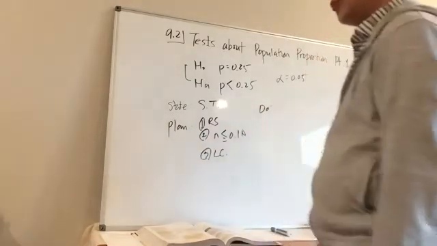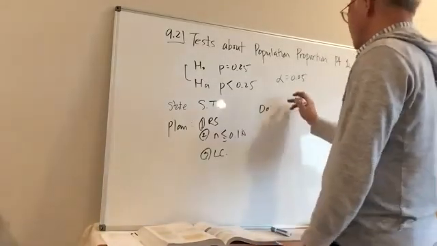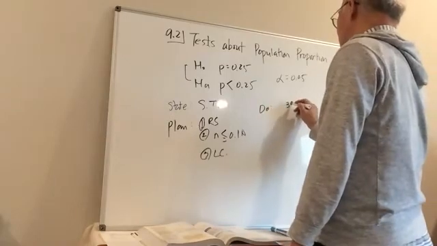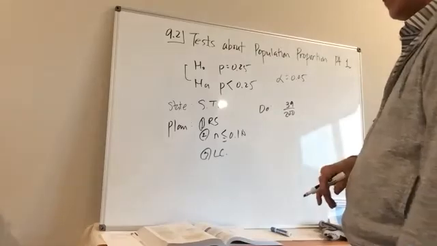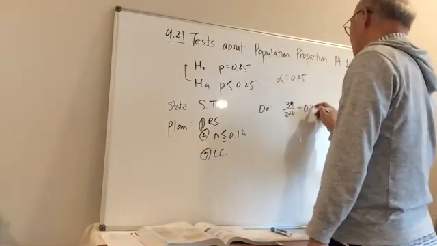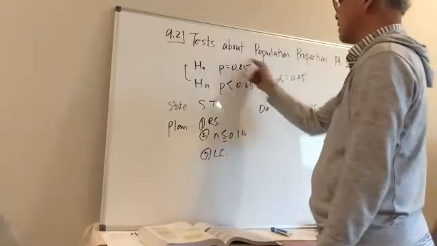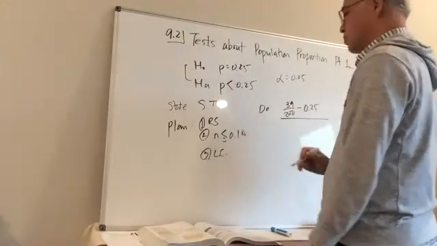Let's find the standardized test statistic. We found 39 out of 200. We're going to subtract 0.25 from that because that's what we were told it's supposed to be.